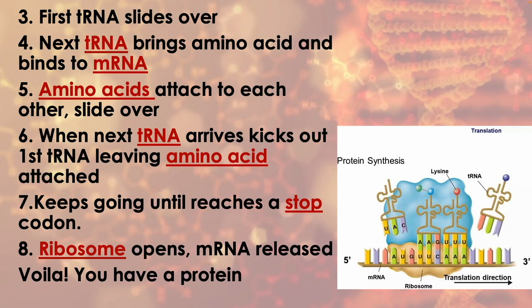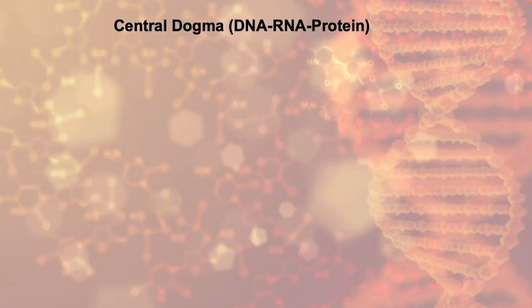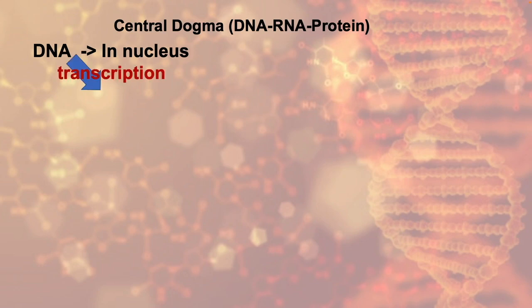So just to recap a little bit here, the central dogma, or the big idea in science, is DNA to RNA to protein. So DNA hangs out in the nucleus, never leaves the nucleus. Transcription happens, and we get some mRNA.